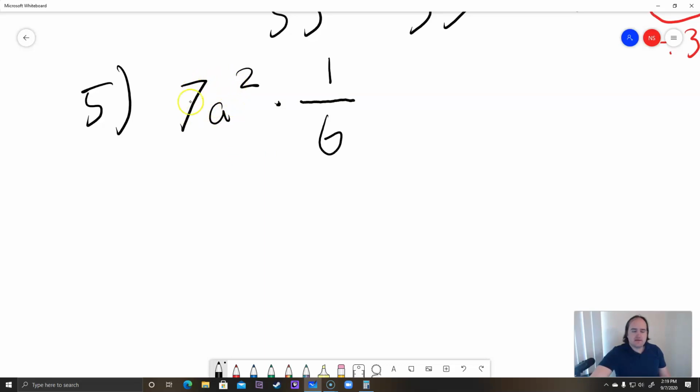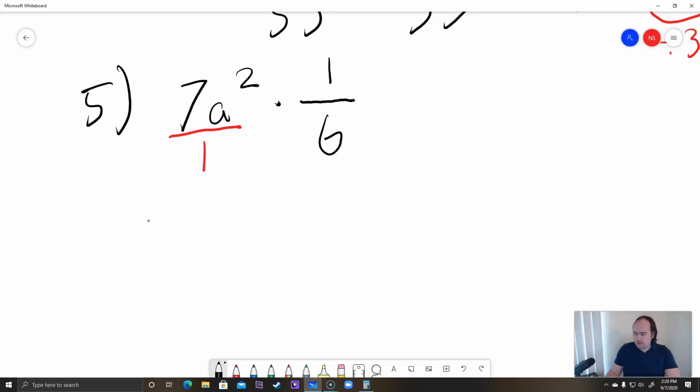If they don't write the denominator, it's automatically 1. So the denominator for something that's not a fraction is automatically 1.